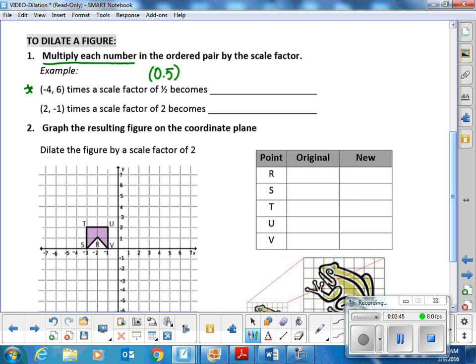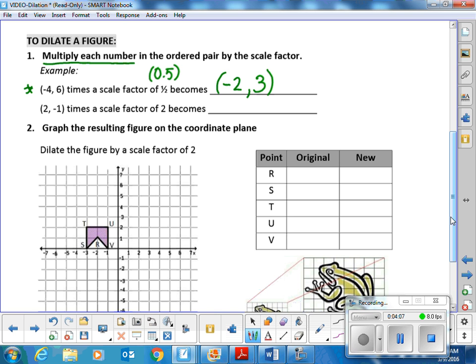So if I take half of 4, that's going to give me -2. Negative times a positive is still a negative. Half of 6 is 3. So that's all we did. We took 4 and 6 and divided it by 2 or multiplied by 0.5.